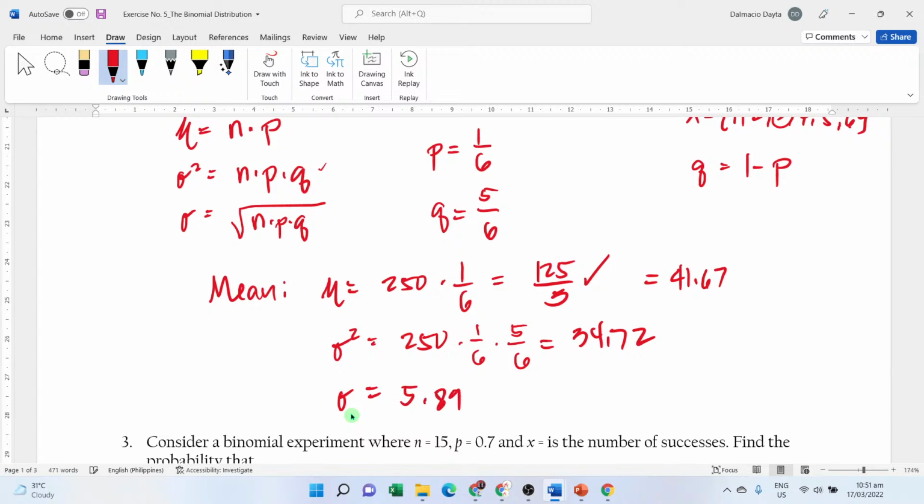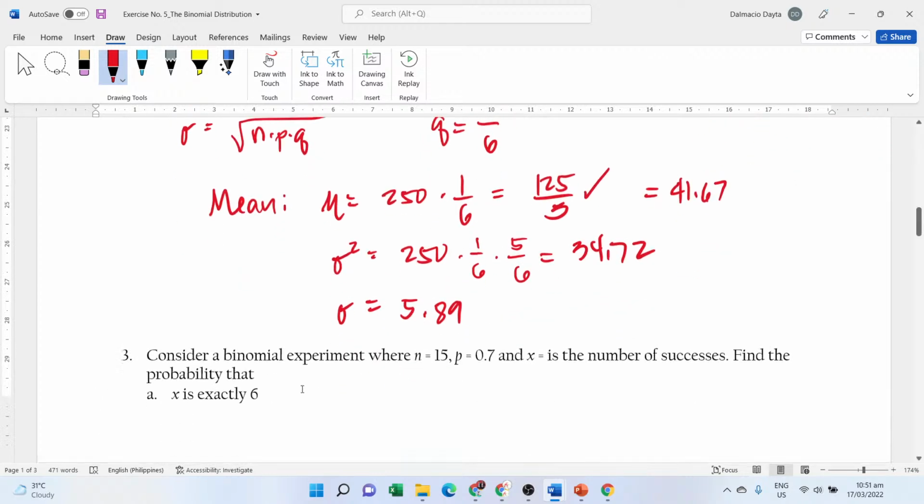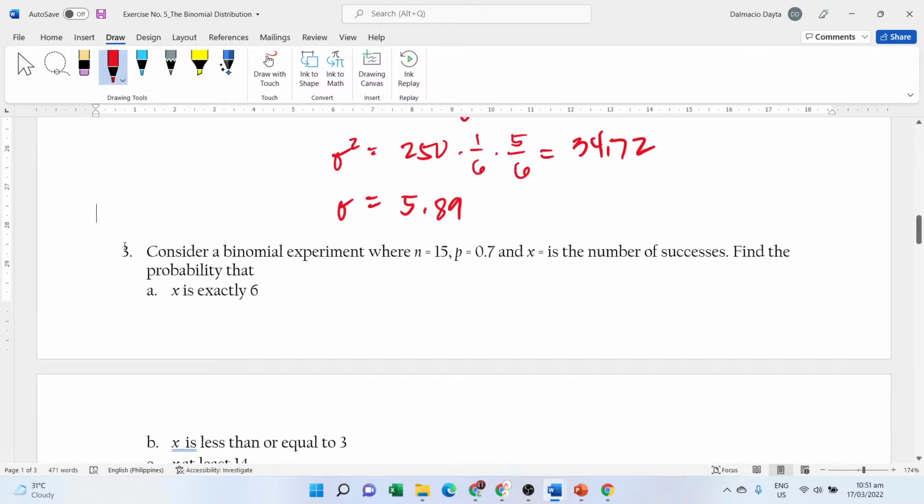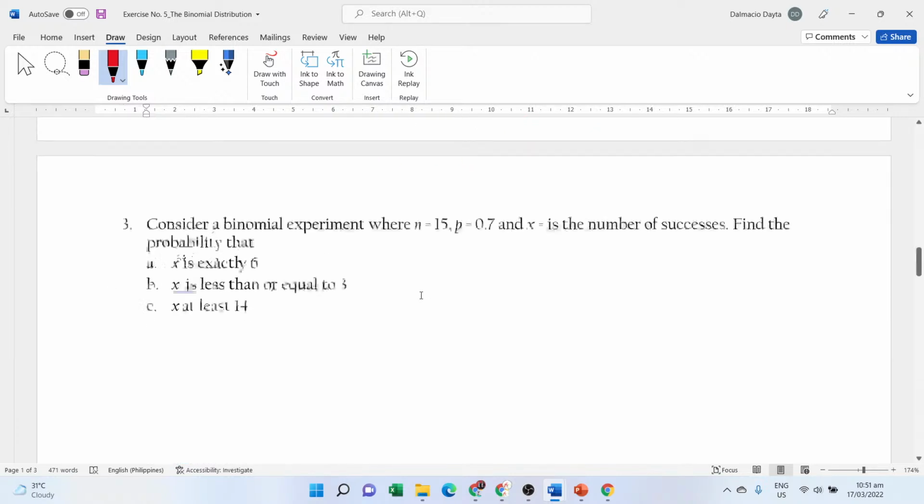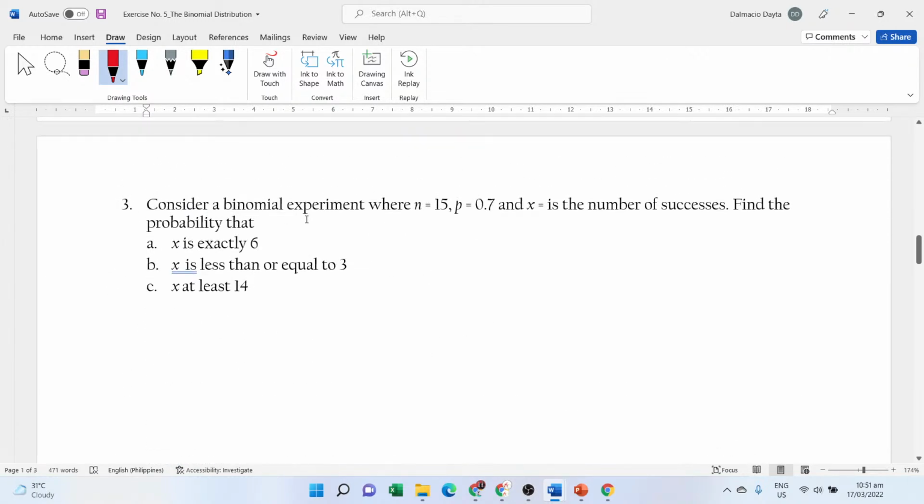Good work, everyone. That's problem number 2. Okay. Next, problem number 3. Medyo marami to. Problem number 3, we consider a binomial experiment. Dito given na yung n equals 15, p is equal to 0.7, and x is the number of successes.